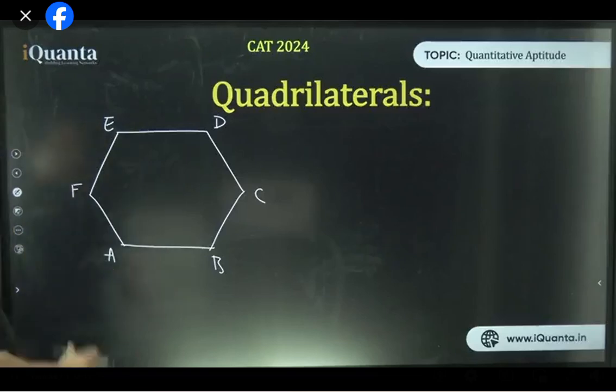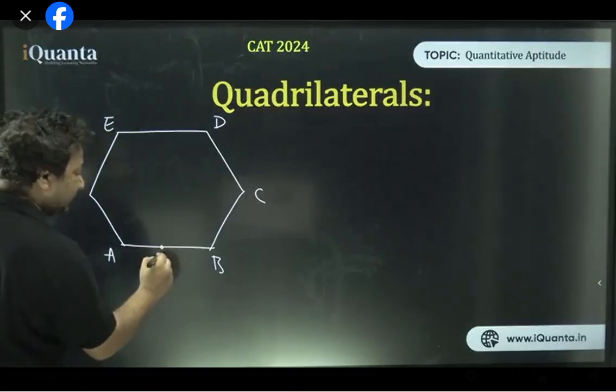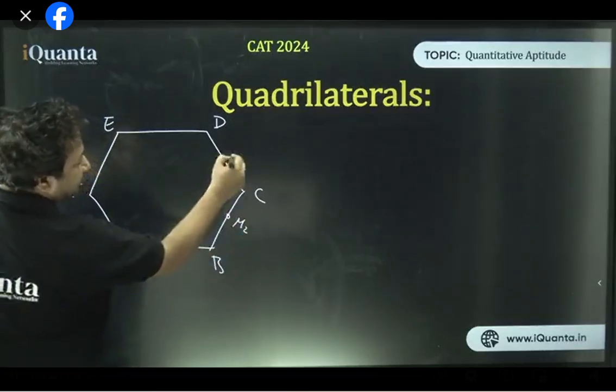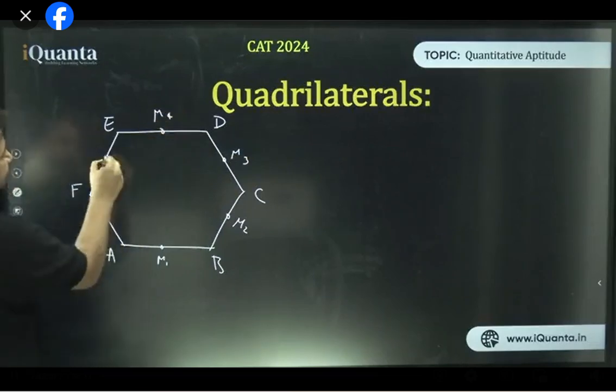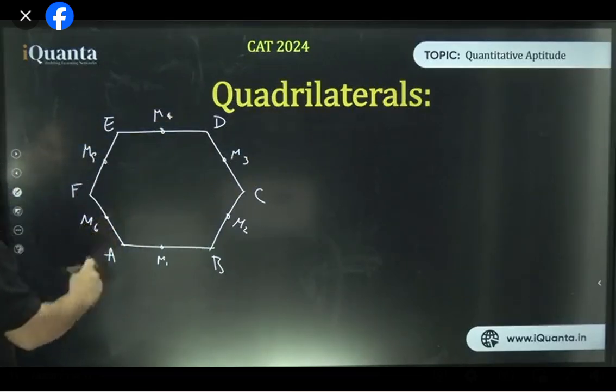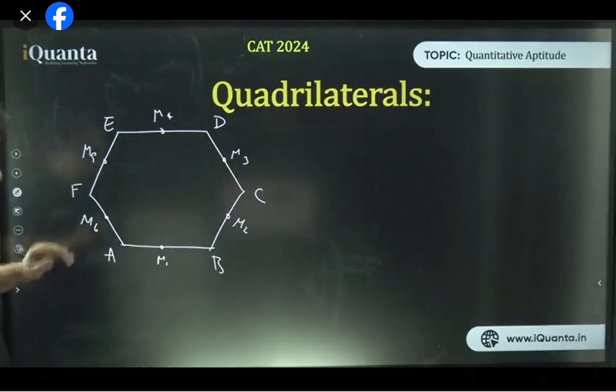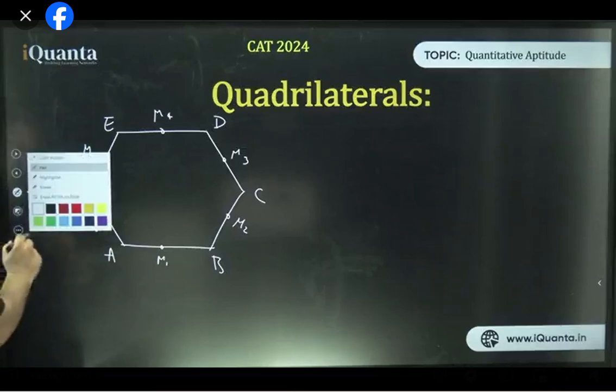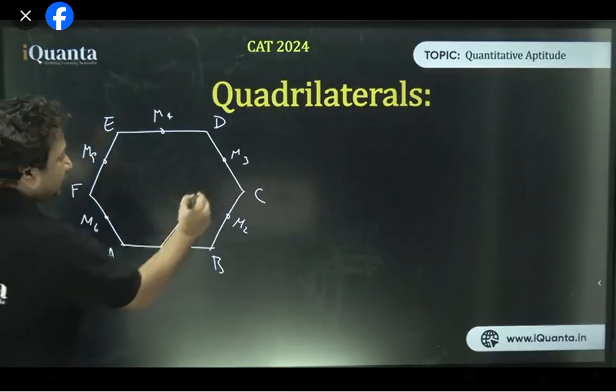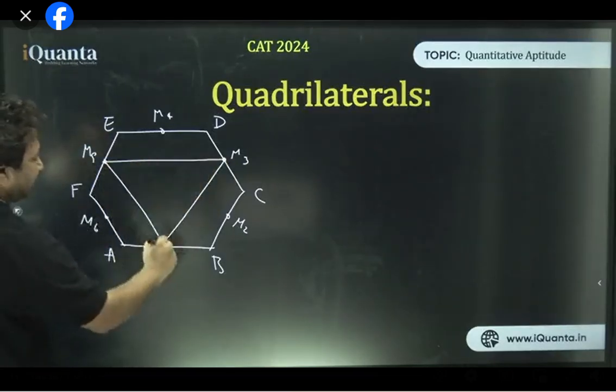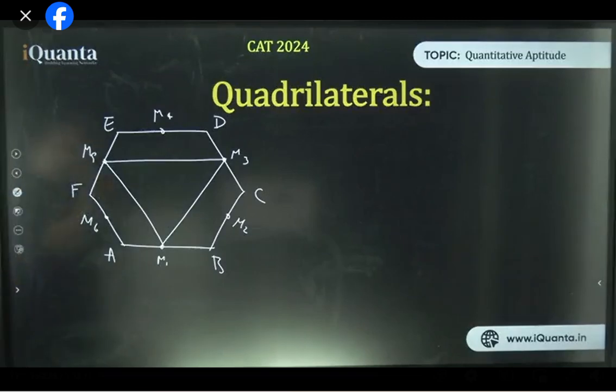So, okay, I'll make the figure. It says that M1, M2, M3, M4, M5, and M6 are midpoints of AB, BC, CD, DE, EF, and FA. Okay, and then what happens? These guys join M1 to M3, M3 to M5 this way. They make a triangle.